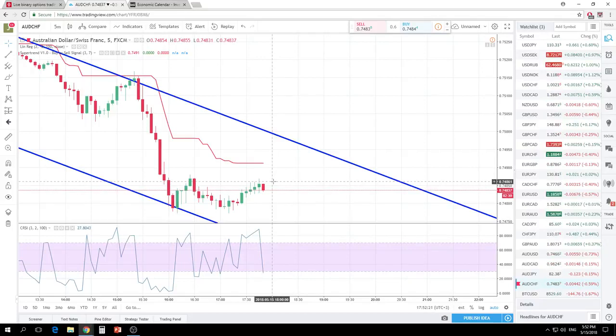Nearly 3 minutes are remaining, 2.5. You can see that still volatility has not disappeared. When the price is trying to move low, it is just pushing it to the opposite direction.